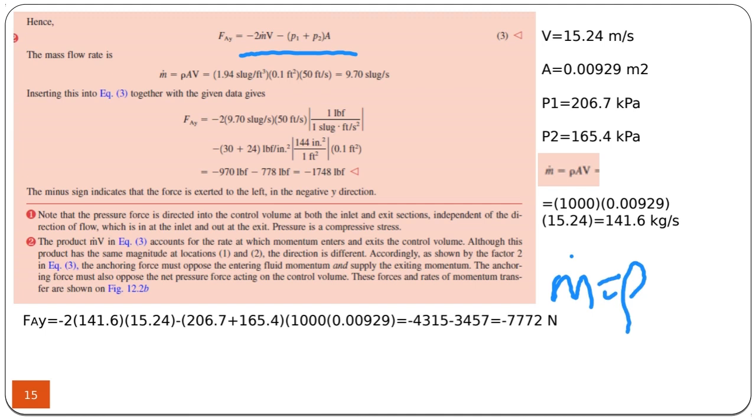Once you have this, and if you are given all the pressures and all the areas, then you just need to find the value of FRy.